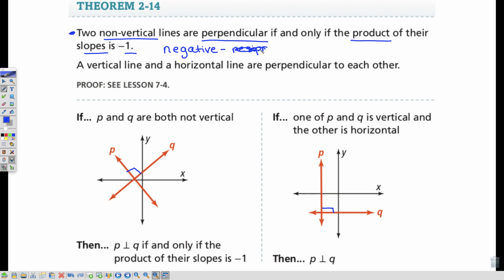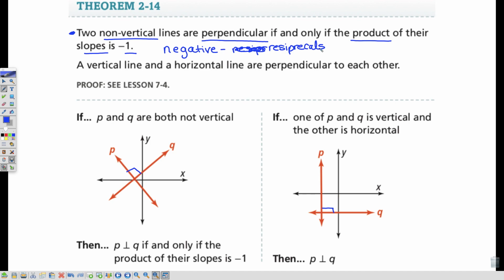Let me slow down. Are you still writing? Meaning the two slopes are negative reciprocals of each other.